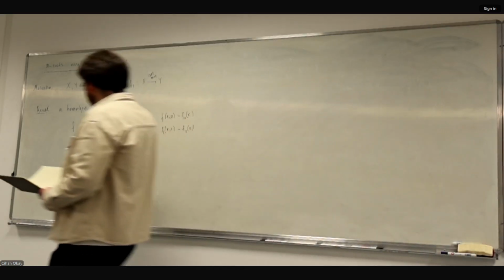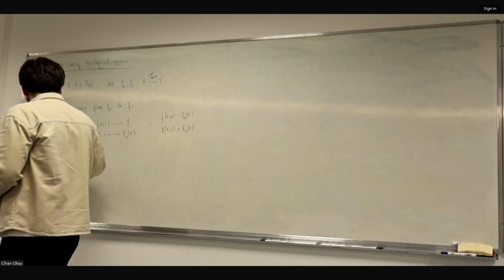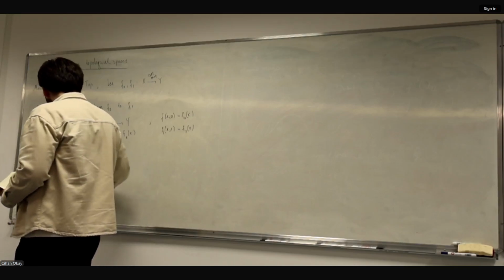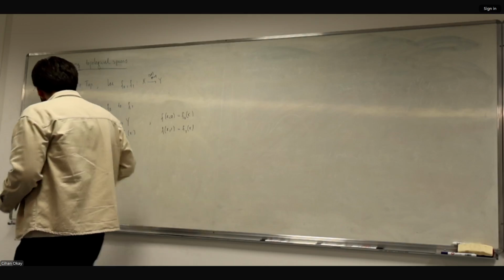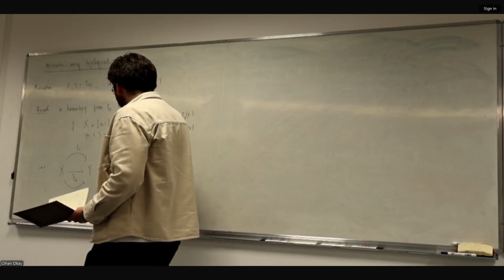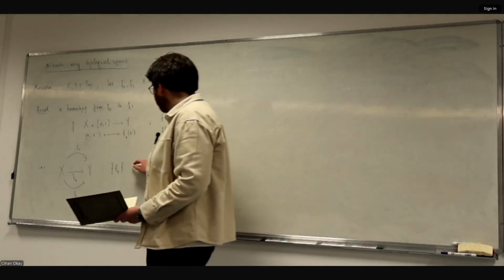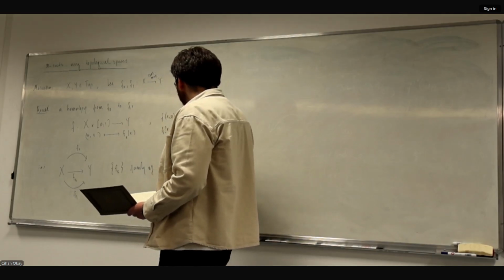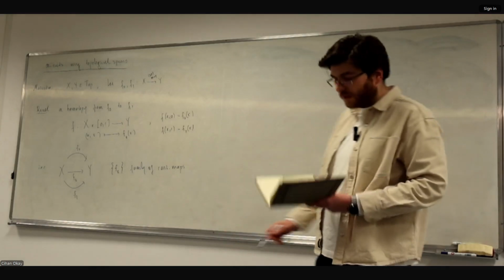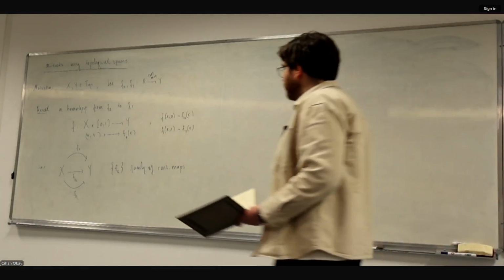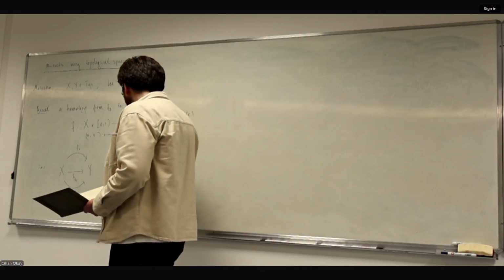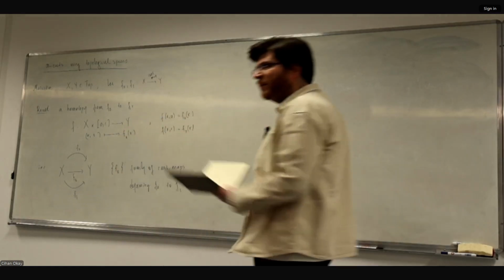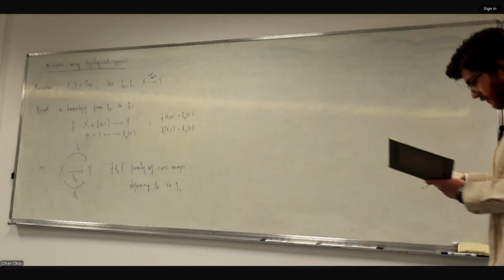In a more diagrammatic picture, you have X, Y, and two maps F0, F1, and this F_t, a family of continuous maps deforming F0 to F1. This is your homotopy, if you are not familiar with these things.